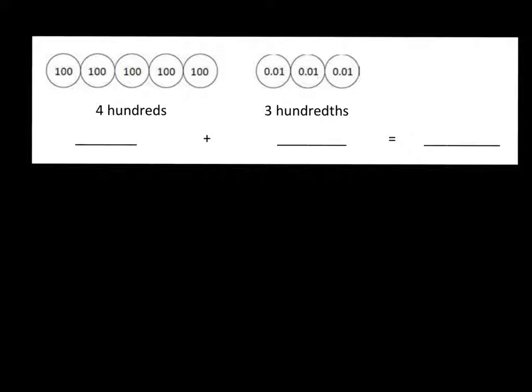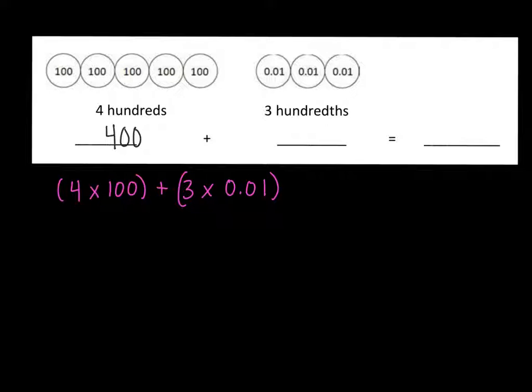All right, we have 4 hundredths, so we have 4 copies of 100, plus we have 3 copies of 100th. So how would this look? Well, this one would be 400 plus, there's no tenths, 0.03, because the 3 is in the hundredths place and there are no tenths.